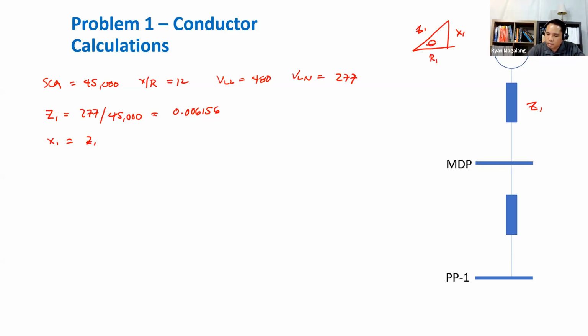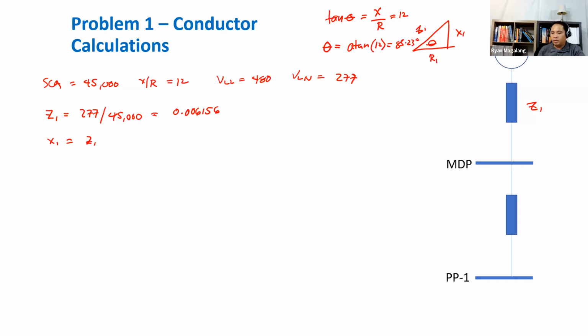And this is your power factor angle, where tangent of theta equals X over R. In this case, we know this to be 12. Then we get theta as arctan of 12, which is 85 degrees.